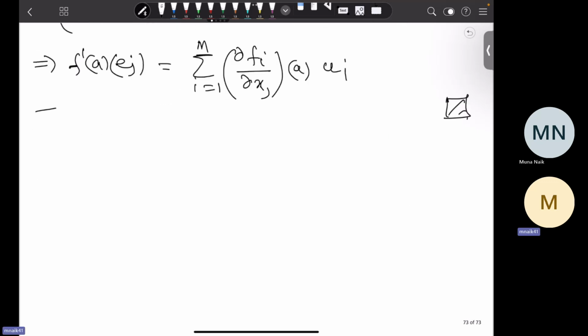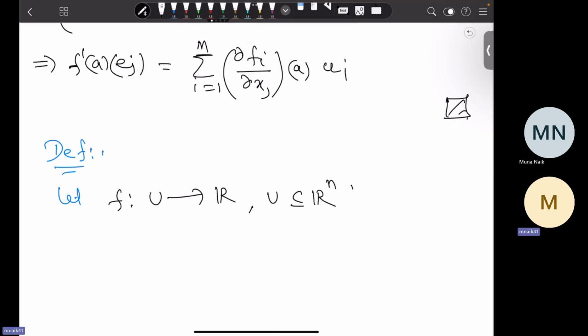Now, another definition. Let f be a function from u to R, where u, a subset of Rn, is open, and a belongs to u.